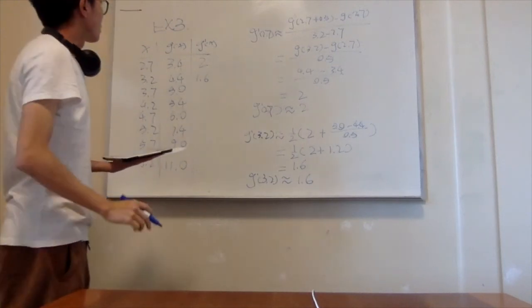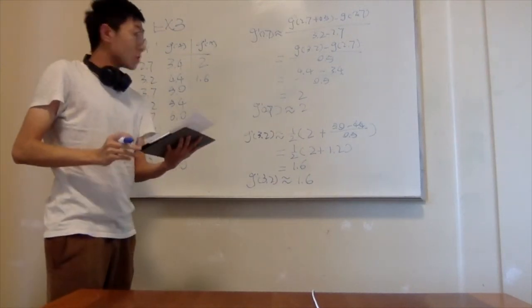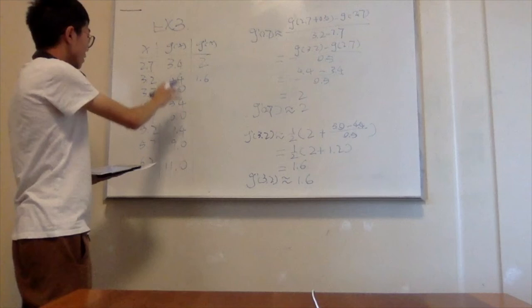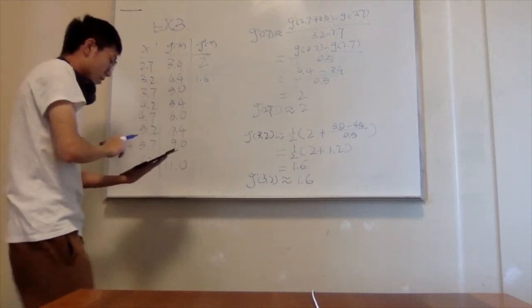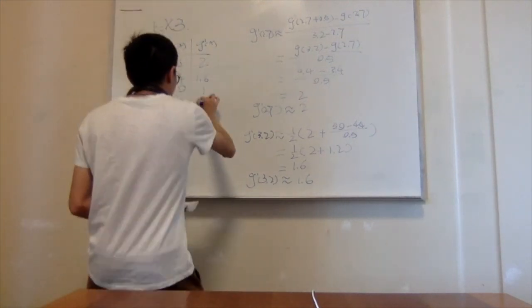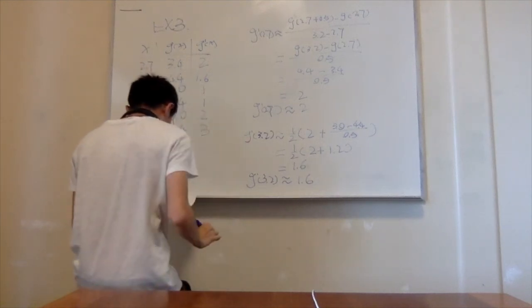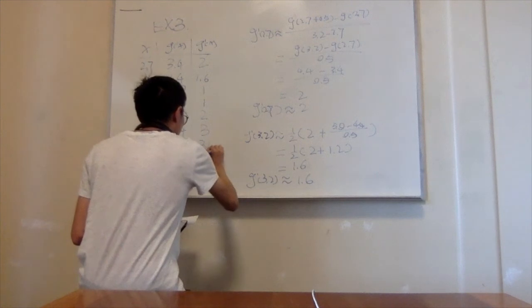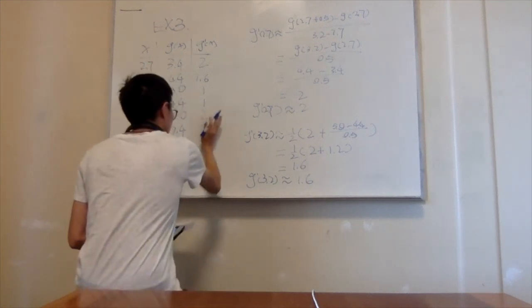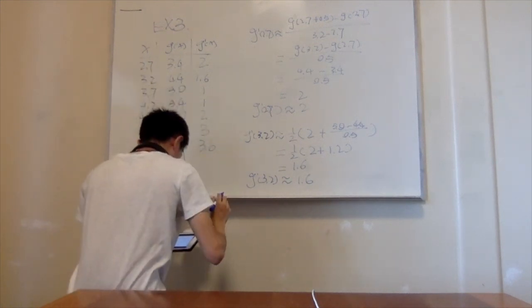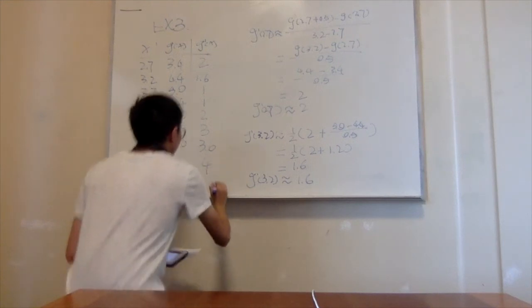Okay, and then we use both equations to solve the problems in the middle of the table. So we got 1, 1, 2, 3, 3.6. Oh, sorry, 3.6 and 4.